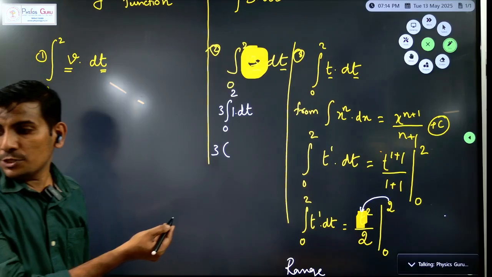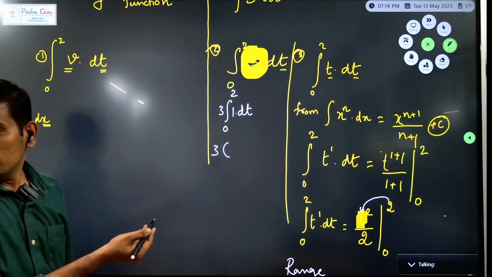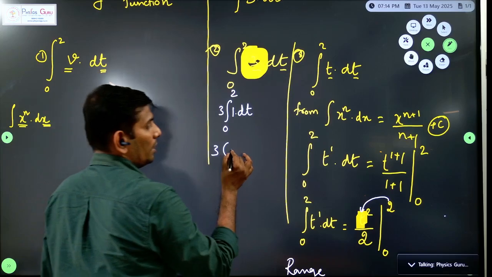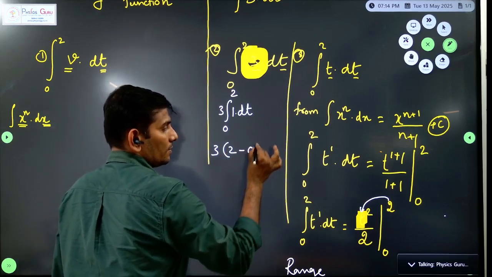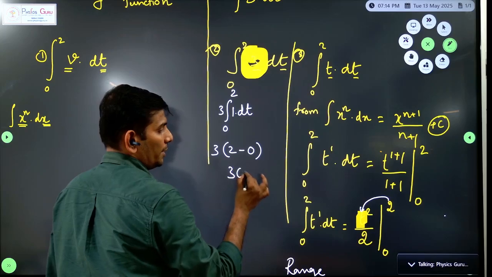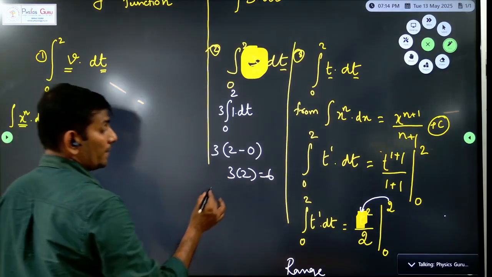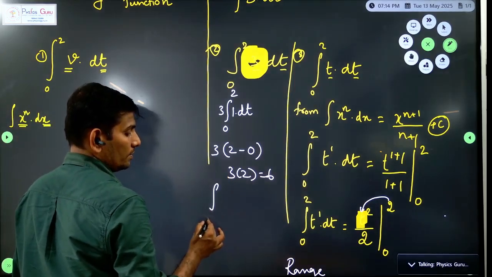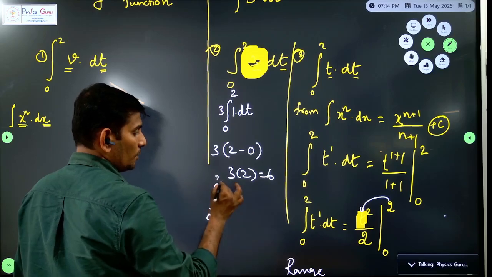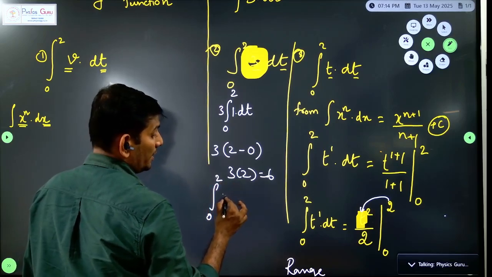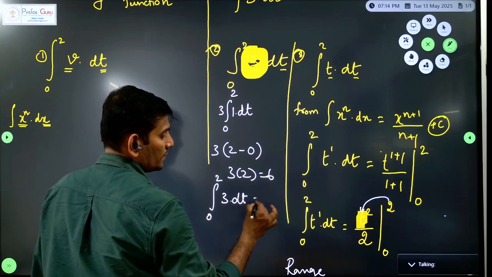Now tell me what's the range? Very good. Upper limit minus lower limit. So 3 into 2, which is equal to 6. So here you can say integral over 0 to 2 of 3 dot dt is equal to 6.